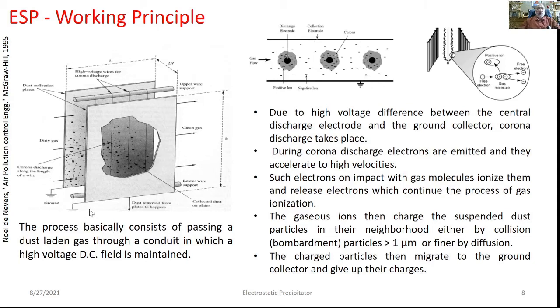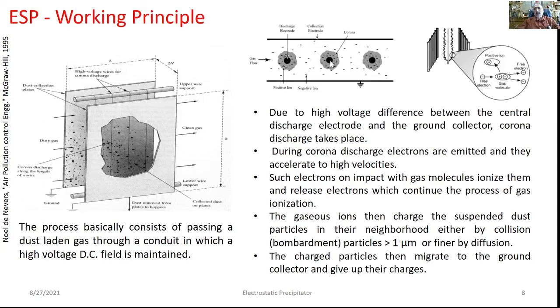Here the process of the electrostatic precipitator basically consists of passing the dust laden gas through a conduit or tunnel in which a high DC field is maintained. The cross-sectional top view is shown in this sketch.